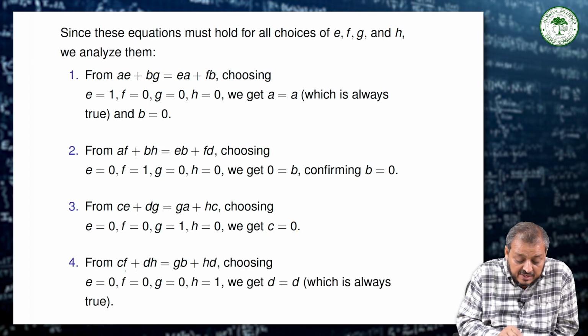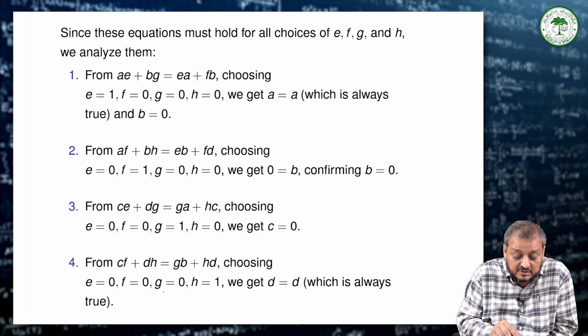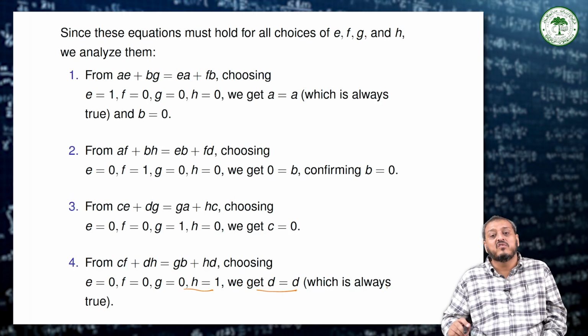Now the last one, CF plus DH equals GB plus HD. Choosing E, F, G equal to 0 and H equal to 1, we get D equal to D, which is always true.